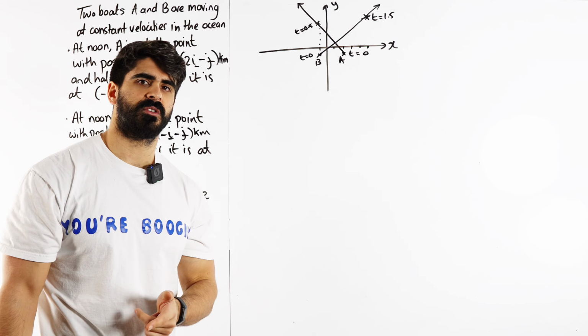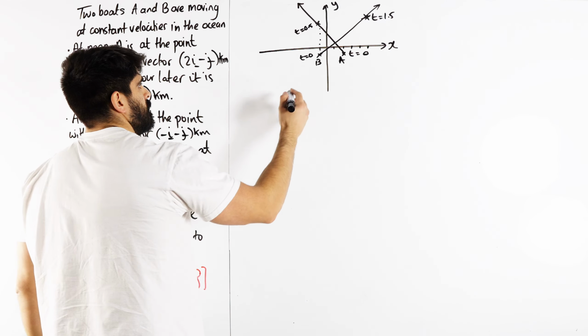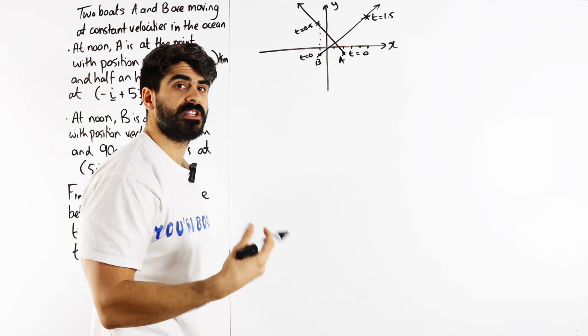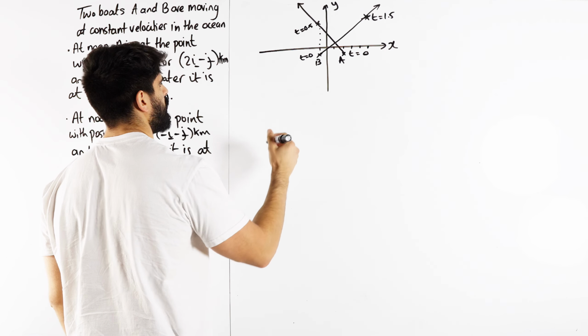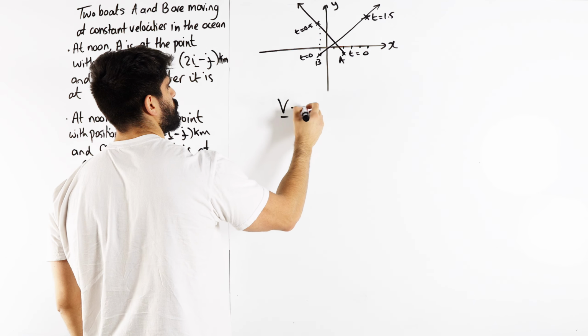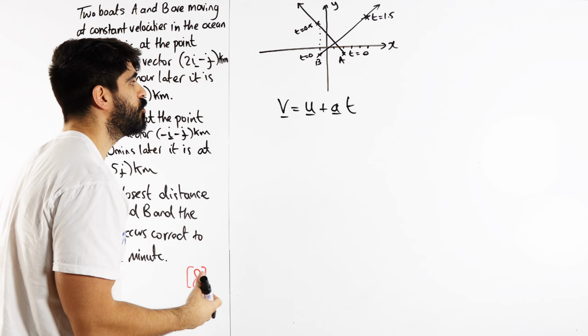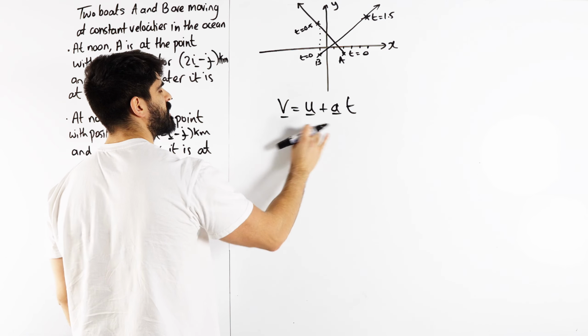How do we calculate the general displacement in SUVAT terms? Well, we have their initial positions and we have their velocities over time. We can work that out. You know when we said v equals u plus at? There's actually a new formula we need to be familiar with. What does that statement even say?